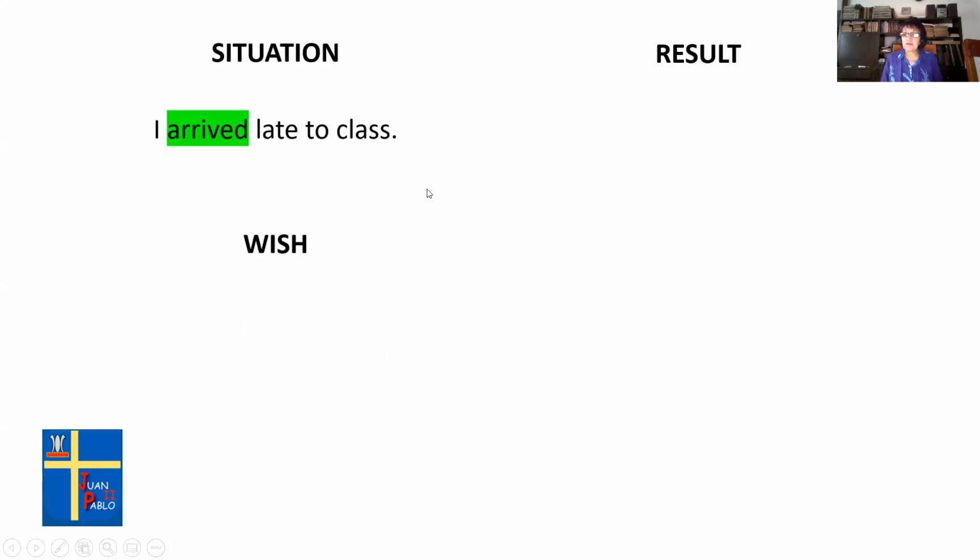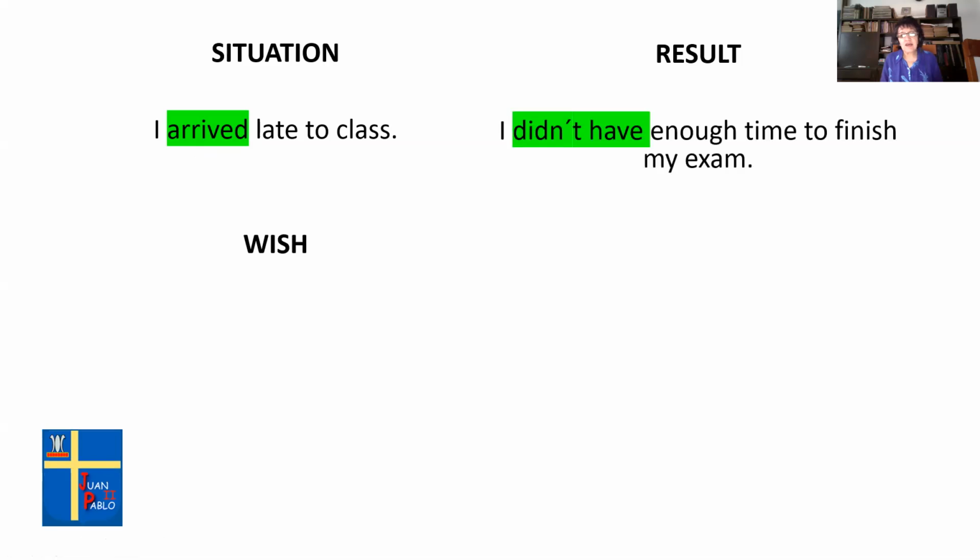So let's do some exercises. A situation, the real situation in the past was that I arrived late to class. What was the result? I didn't have enough time. I didn't have enough time to finish my exam.